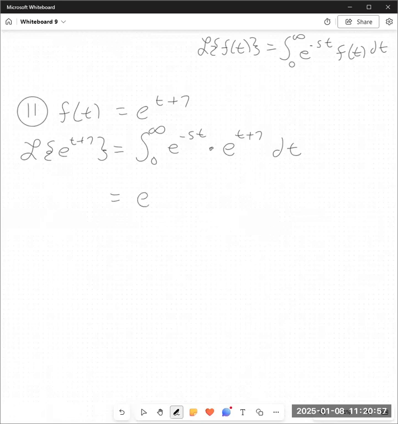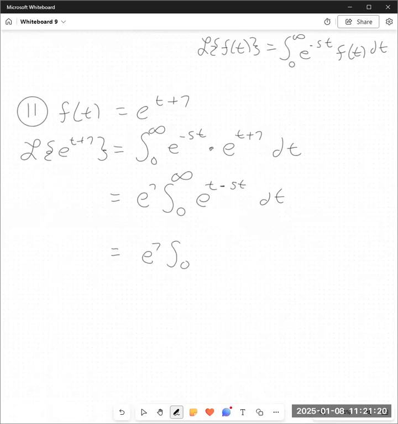So I'm going to have e to the 7th on the outside, integral from 0 to infinity, e to the t minus st dt. I'm going to factor that common factor of t out.